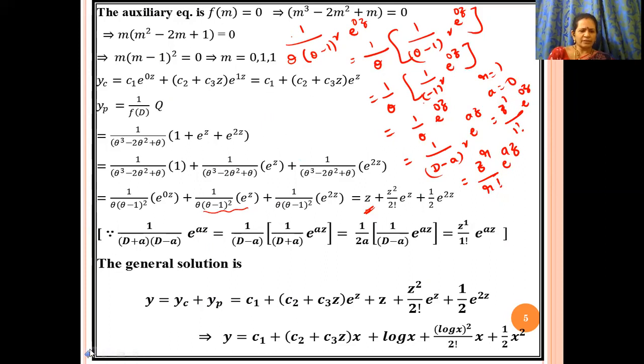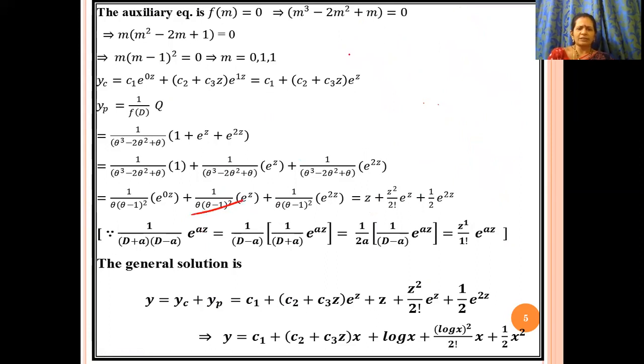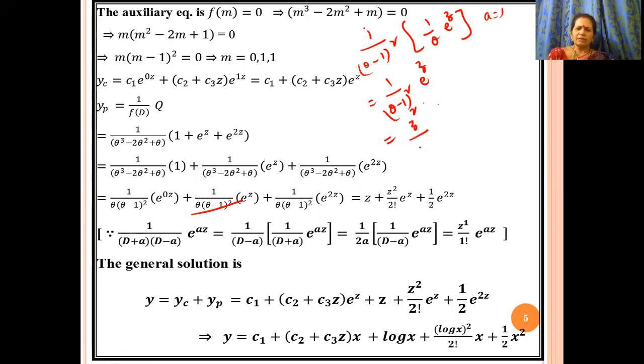I'll erase this and explain again, right. So for the second one, what did we do here? 1 by theta, we substitute 1 here and since it gives 0, we write it outside: theta minus 1 whole square into 1 by theta into e power z. Okay, now if we substitute, theta minus 1 whole square, the value here is 1, so we get 1. Applying the formula again as it is, z square, r value here is 1, by 1 by r factorial, that is 1 factorial into e power az, that is e power z.